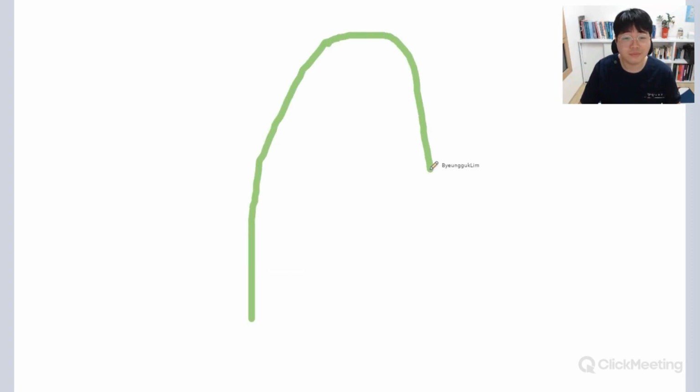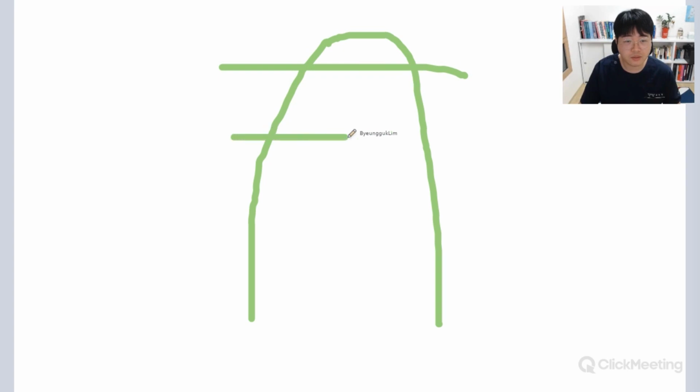All right. There is the lung. And this is the apical part, and this is the upper part, right? And this is the middle part, and the other things are the lower part.